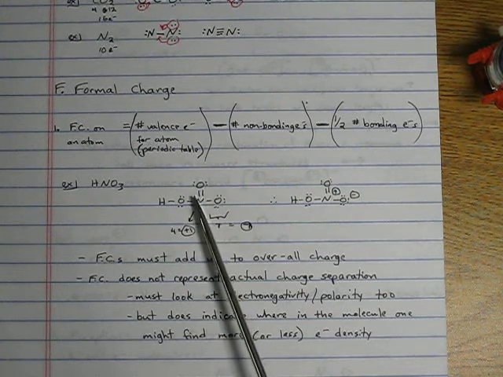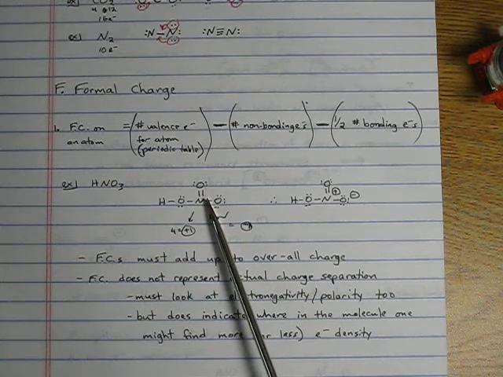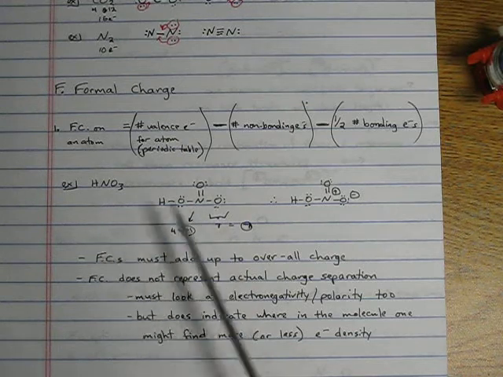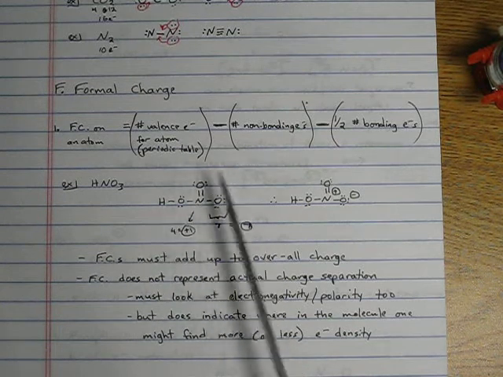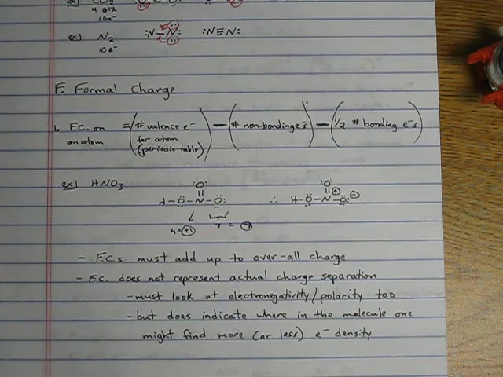Subtract these 4 electrons here, and you find out we're missing 1. If we're missing 1 electron, we're missing a negative charge. That means 5 minus 4 gives us plus 1. So that nitrogen has a plus 1 formal charge. It's as if it is missing a valence electron that it should have.